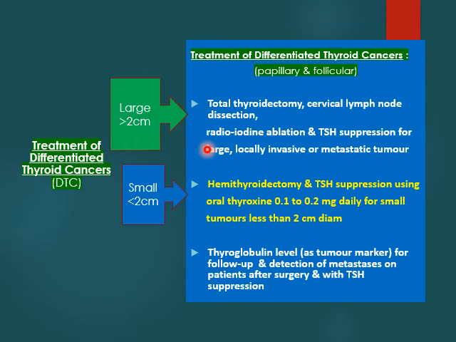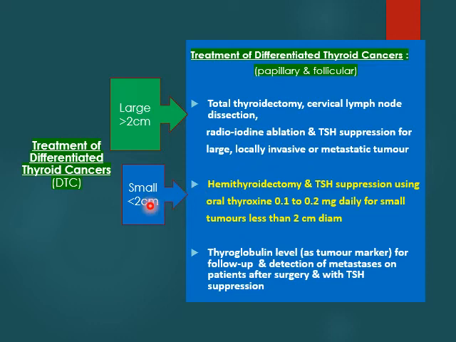Okay. Tumors smaller than 2 centimeters are considered early tumors. Hemithyroidectomy or lobectomy and TSH suppression using oral thyroxine 0.1 to 0.2 milligrams daily.